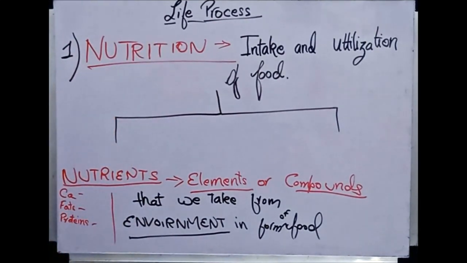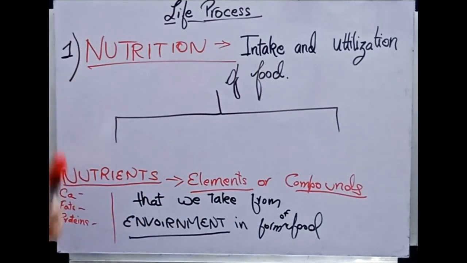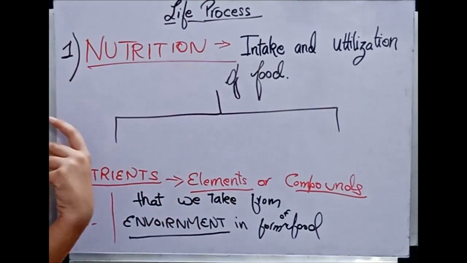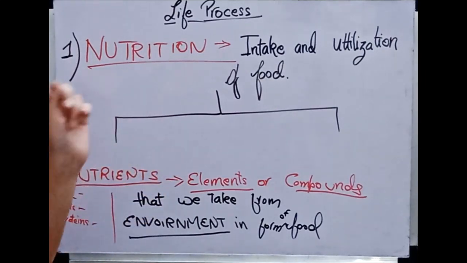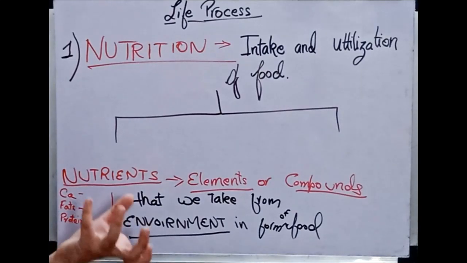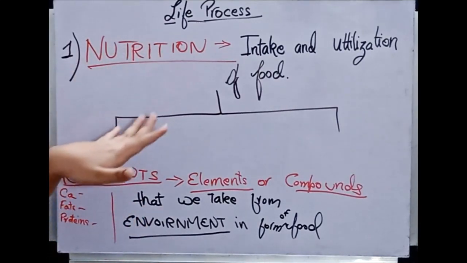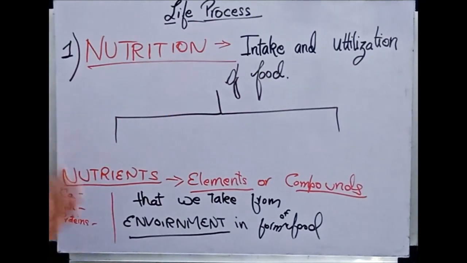Nutrition is clear. That's nothing but the intake and utilization of food. In many places you will see a very vast definition of nutrition saying the process of intake and utilization of food. This can be one. The other can be the process of absorbing nutrients from the environment or to manufacture the food is known as nutrition.